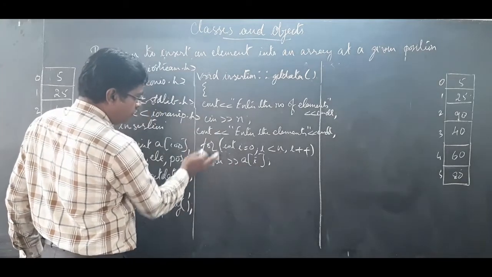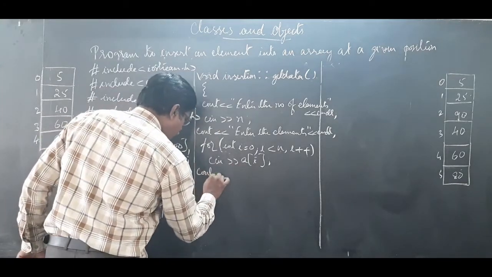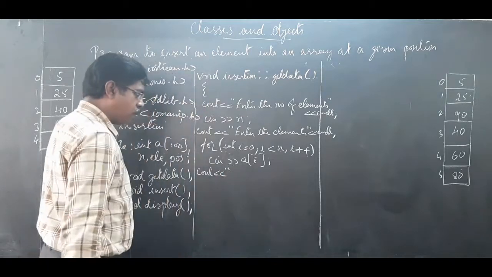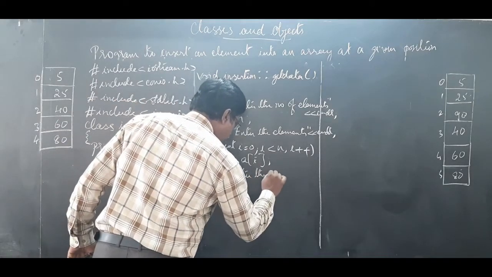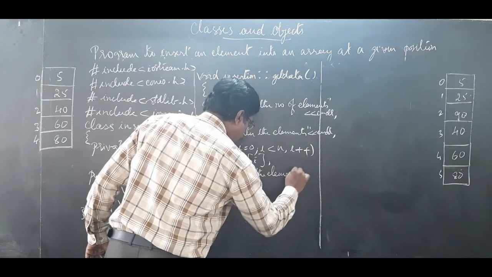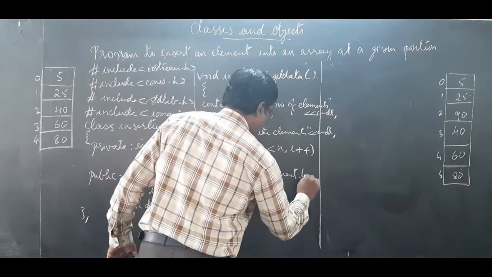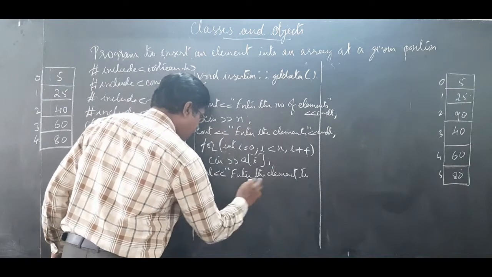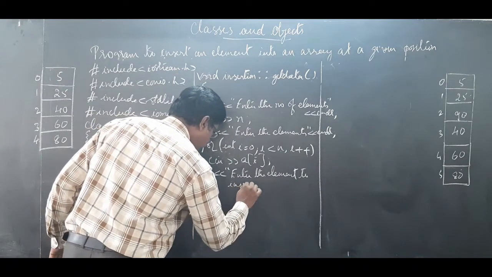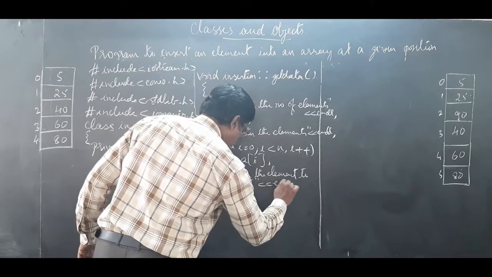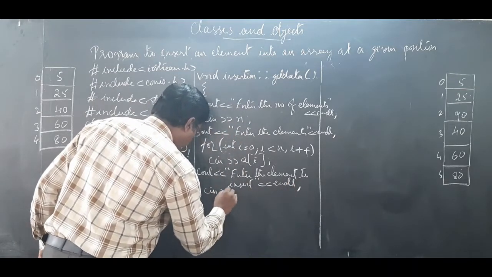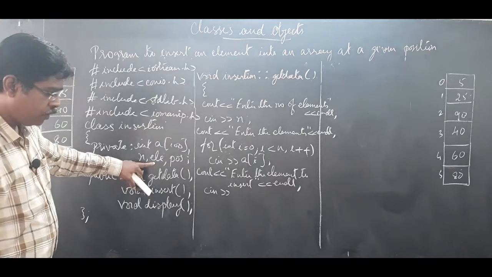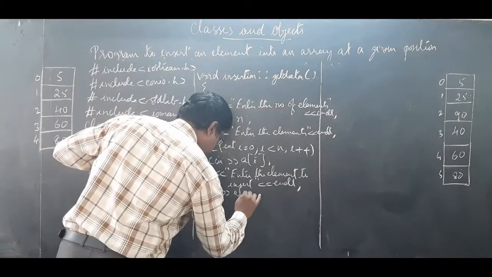Next, we go on to accept the element which needs to be inserted. So I say enter the element to insert. Then I take endl. So the variable what we have declared is what? ele. I take ele.